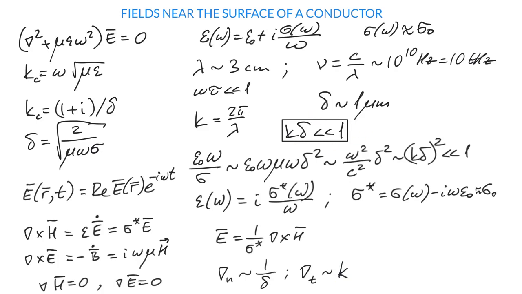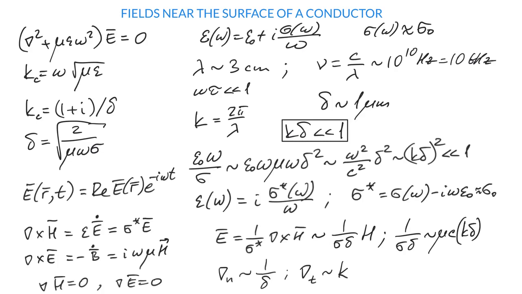So taking this larger factor, 1 over delta, we can estimate the electric field as being of order 1 over sigma times delta H. Now, 1 over sigma delta, as can be found from the definition of delta, is of order mu c k delta.